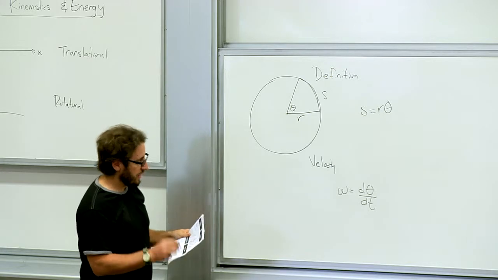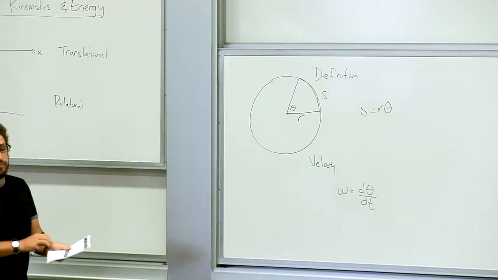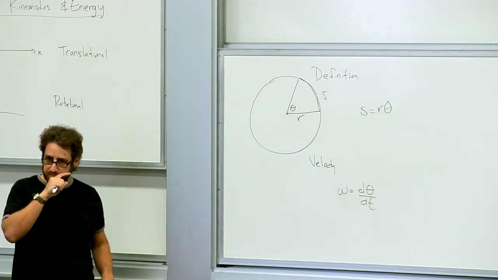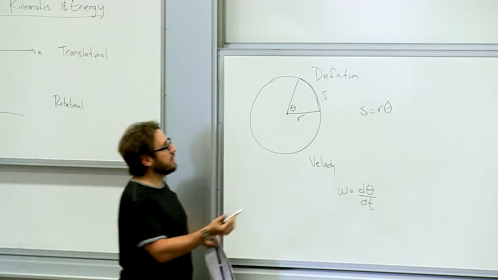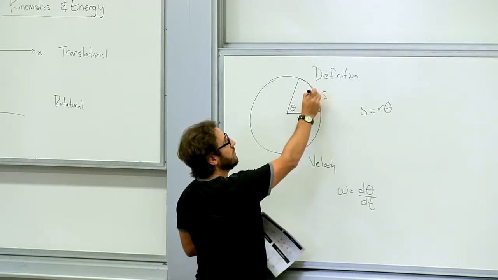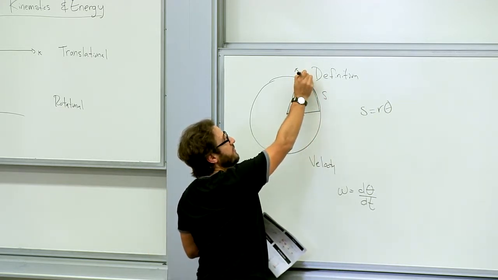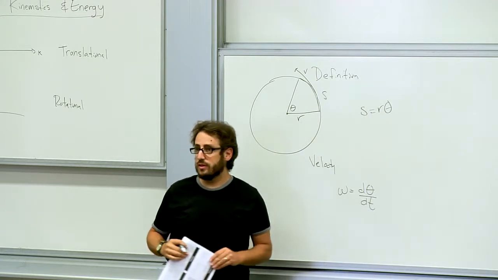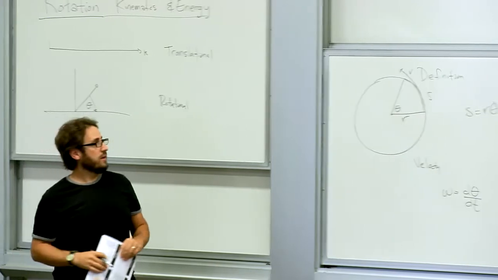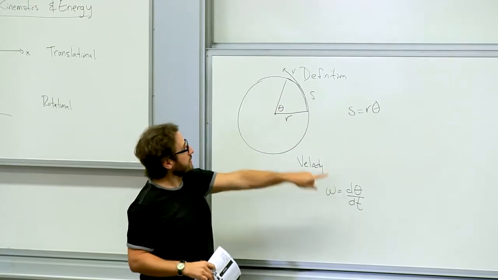What is the direction of the angular velocity vector? At any moment, your translational velocity is tangent to the circle. So this is v, your instantaneous translational velocity. That's the direction you are moving along a coordinate axis.